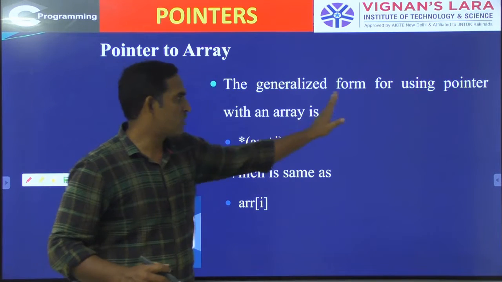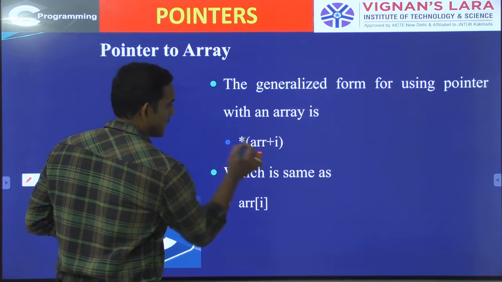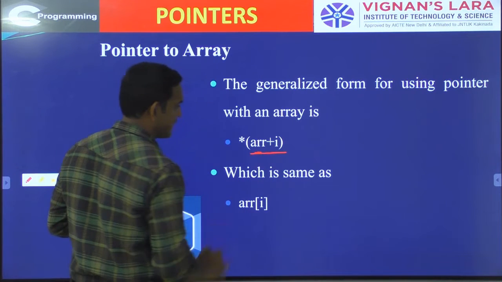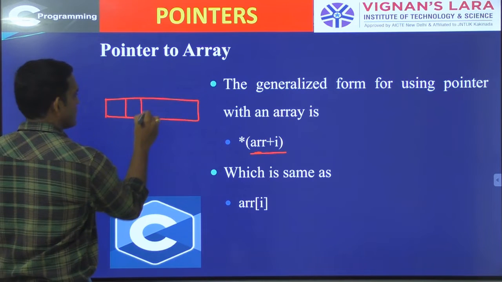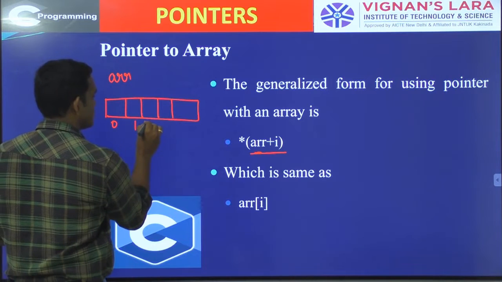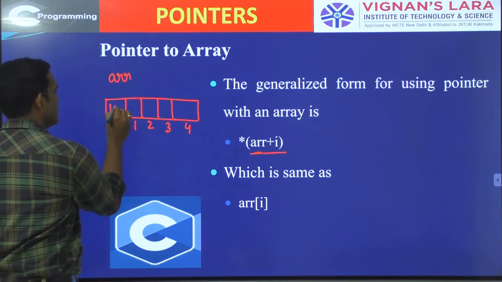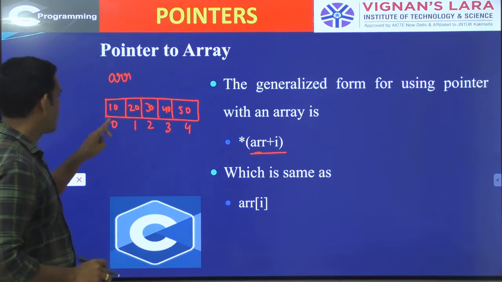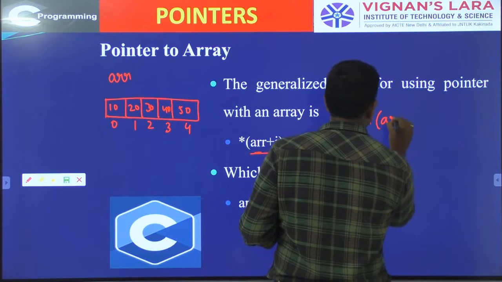The generalized form of using a pointer with an array is, if the name of your array is ARR and I want to access the ith element, you can use ARR plus I. What does this mean? If this is your ARR array with locations 0, 1, 2, 3, 4, and the values are 10, 20, 30, 40 and 50, and I want to access the first location, what I need is star ARR.